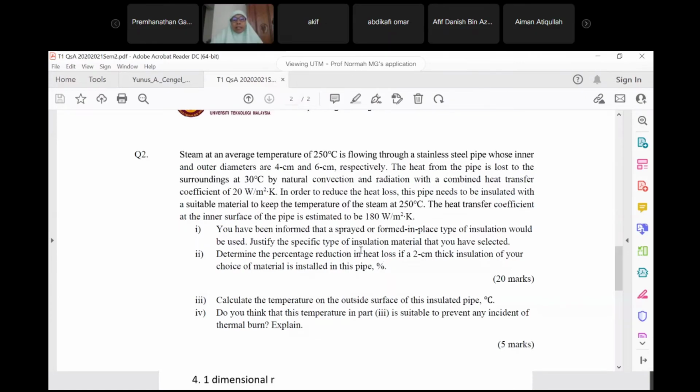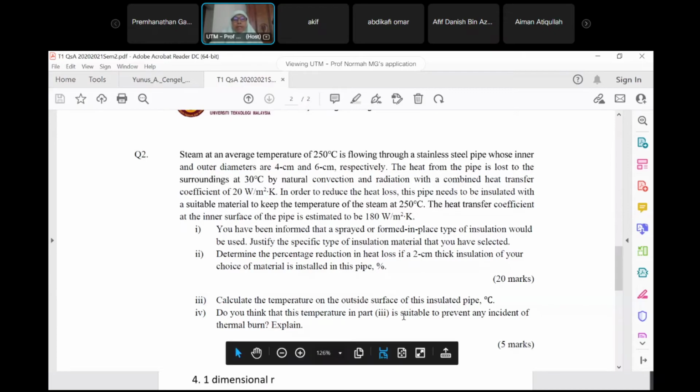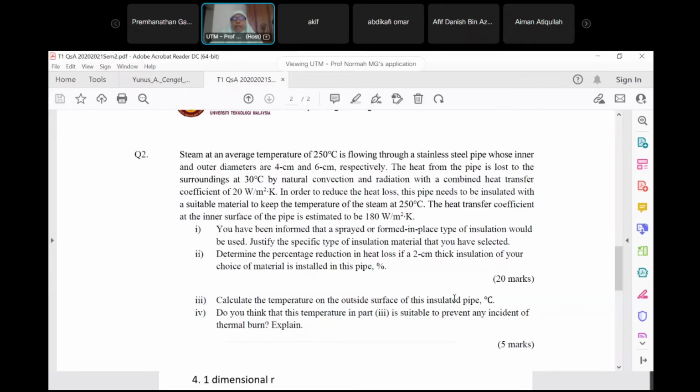You need to find the heat loss without the insulation and with the insulation, so you need the boundary condition. Here it's given a combined heat transfer coefficient of 20, with loss to the surrounding at 30. So you have the boundary condition on the outer wall at 30.